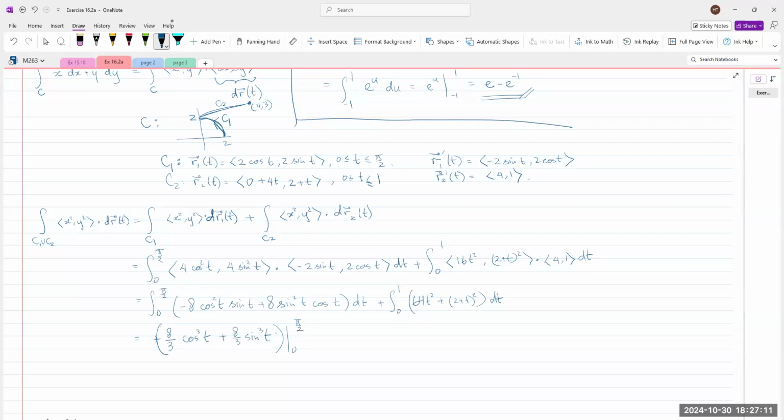Plus 64 over 3, plus (2 + t) cubed over 3 from 0 to 1.